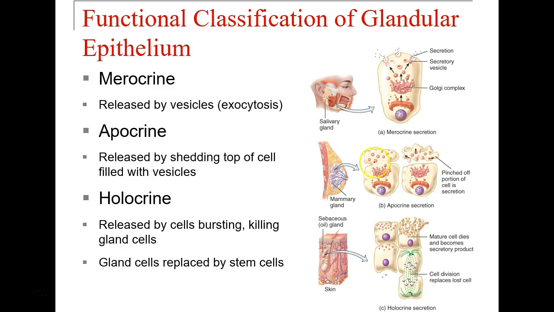Apocrine, we collect those vesicles at the apex of the cell, and then the top of that cell is pinched off, and it becomes the entire secretion. Holocrine, we collect a large amount of those vesicles within the cell, and then the cell bursts, killing that gland cell, and it is replaced with stem cells.